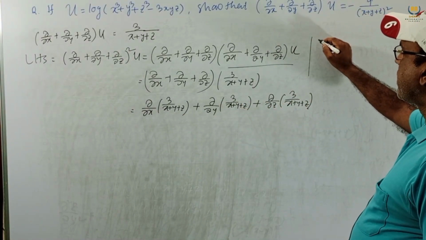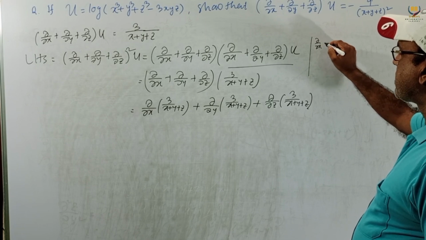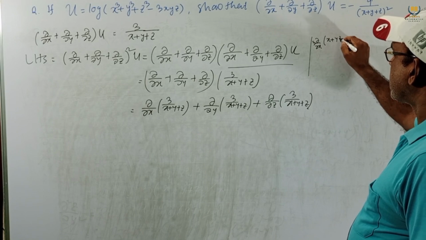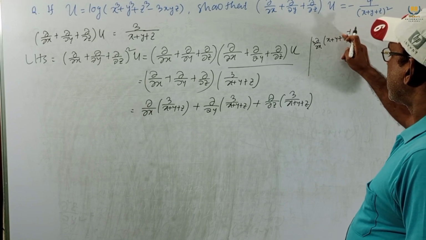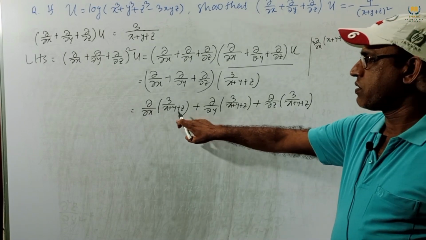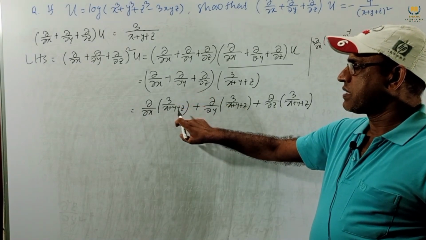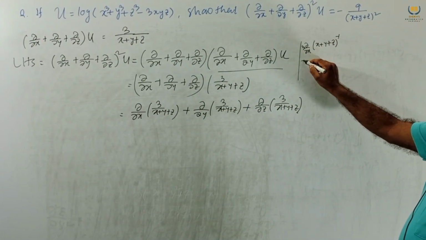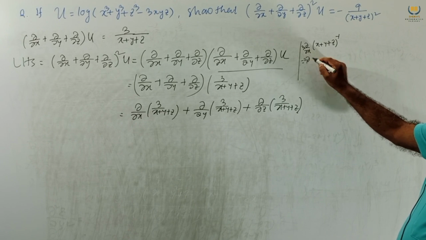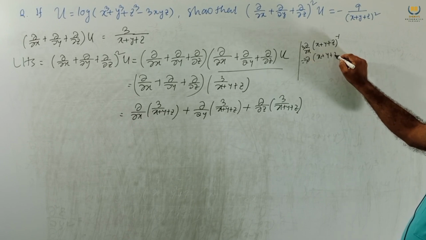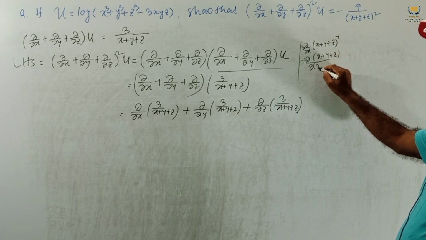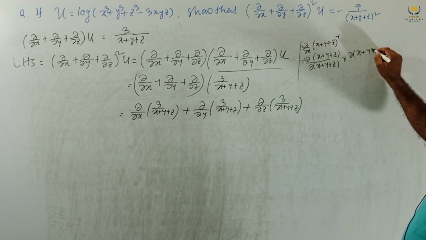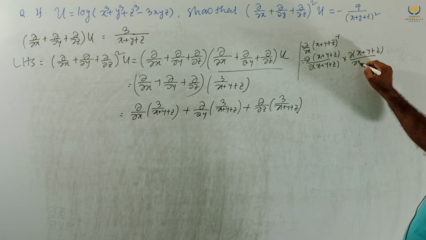So if we take del by del x, 3 constant outside, then x plus y plus z whole to the power minus 1. If we take this one in the numerator, you get minus 1, that is 1 by this, taking 3 outside, then 1 by this. And if we use the chain rule, then we get x plus y plus z, del of x plus y plus z with respect to x.